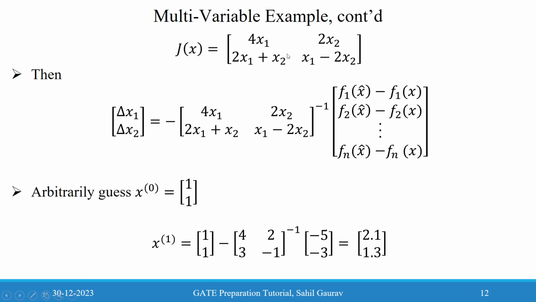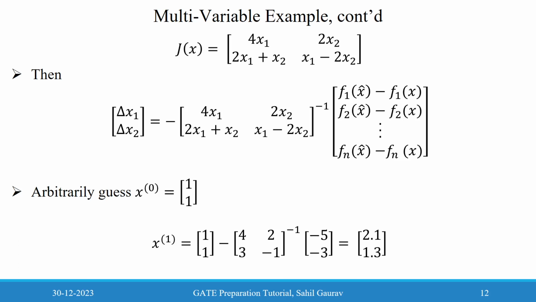Now substitute these values for getting delta x1 and delta x2, because this will take you to another iteration. This is the target for any problem that consists of an iterative approach.